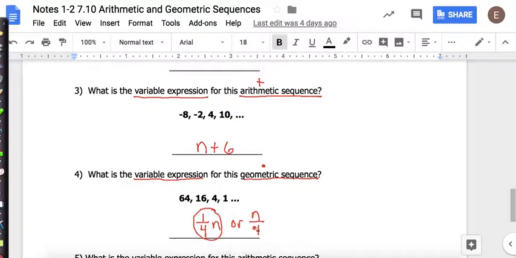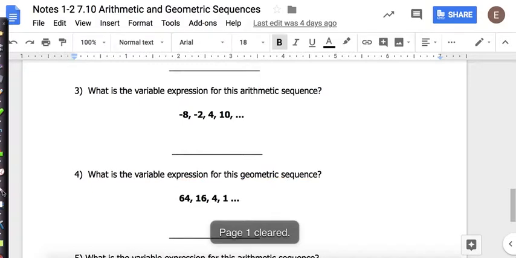But remember, when it's a division pattern, I'd like you to write the fraction. Because geometric, the definition says it's a multiplication pattern, so we write it as multiplication, even though divided by 4 is the same as multiplying by 1/4. Okay, if we practice writing it as a fraction now, it will help us as we get further in this unit.